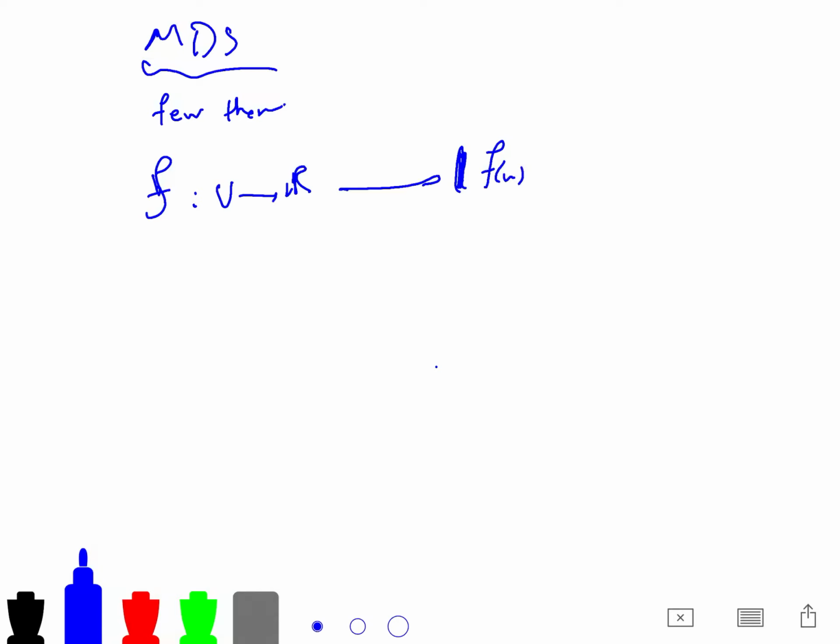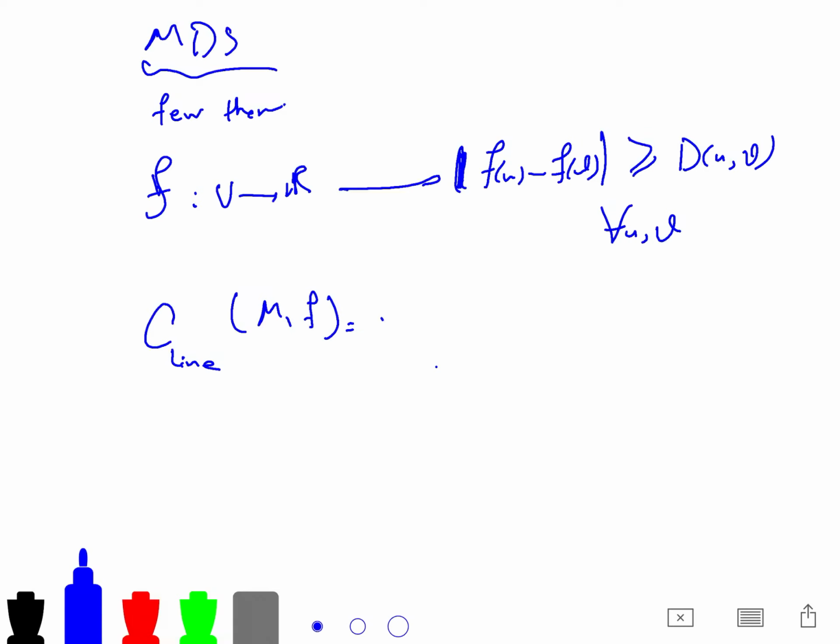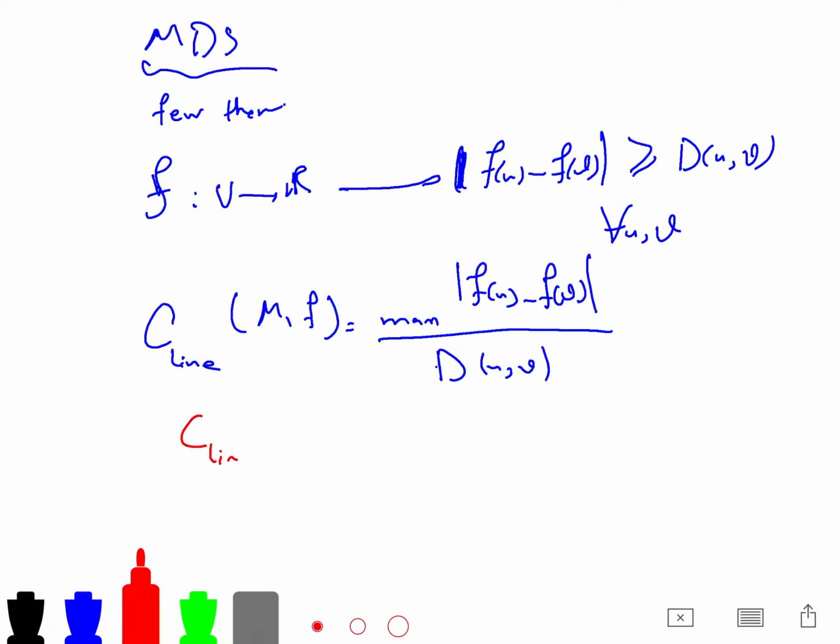It means that the absolute value of f of u minus f of v is greater than d of u and v for any u and v. It minimizes the distortion C, the maximum of |f(u) - f(v)| over d(u,v). So the goal is to find the minimum of C over any f.